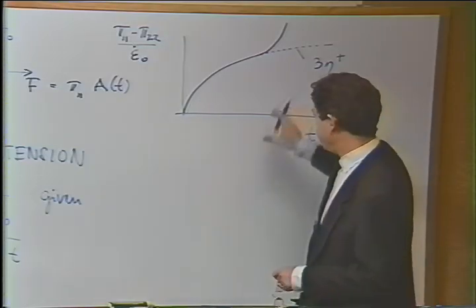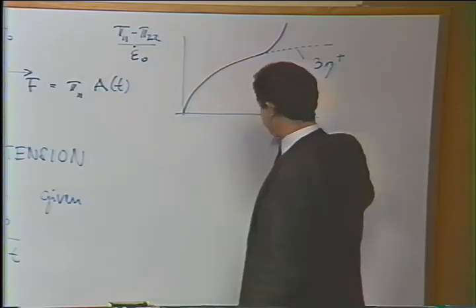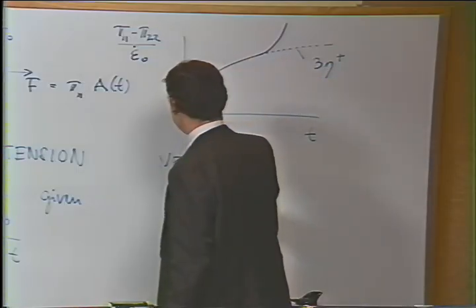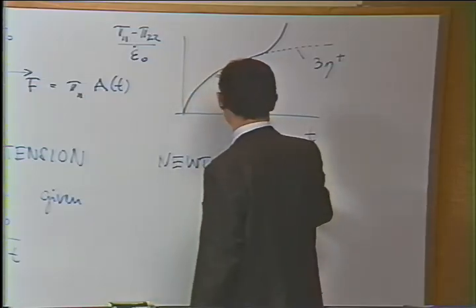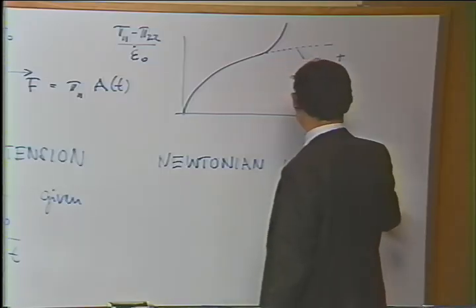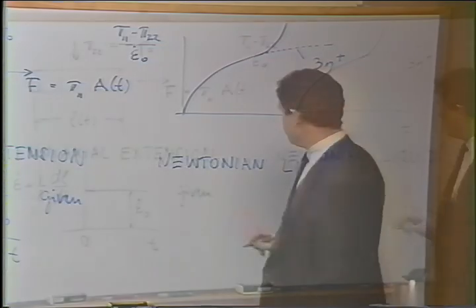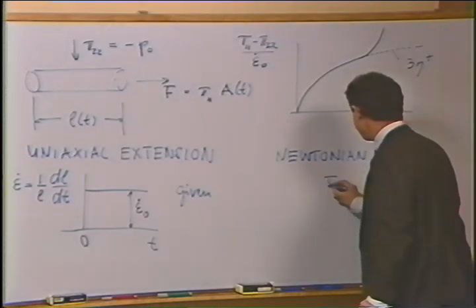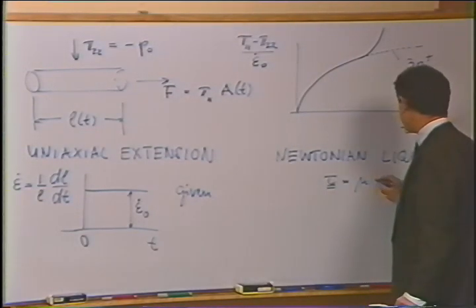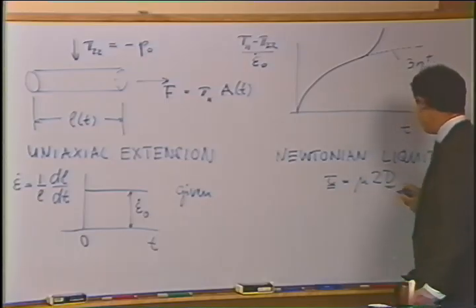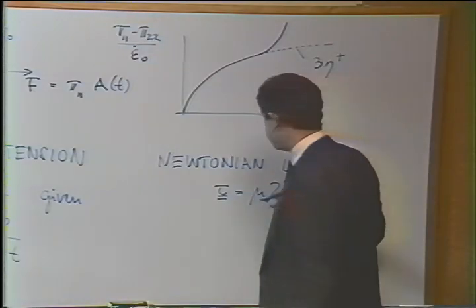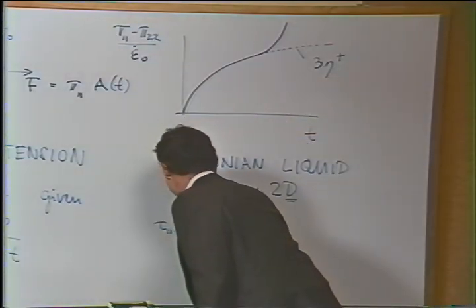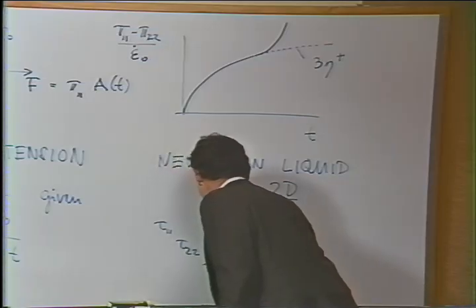So before showing some data, let me derive this factor 3 for you by looking at a Newtonian liquid in uniaxial extension. Now, this Newtonian liquid would be given by, say, a stress tensor equal to a viscosity times 2 times the rate of deformation tensor. And in components now, for uniaxial extension, we would have tau 11, tau 22, tau 33.